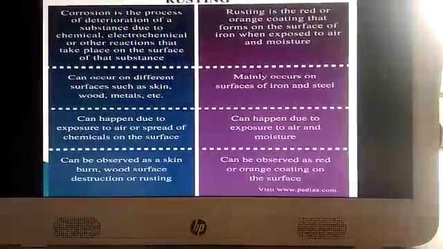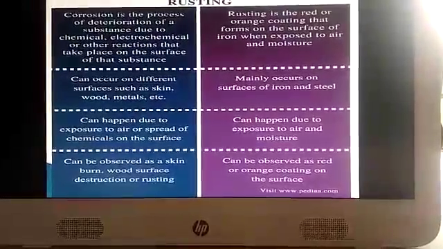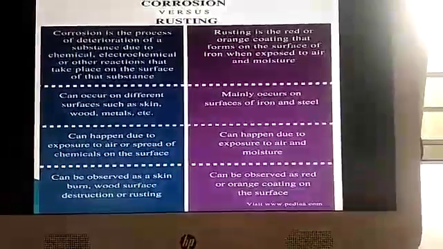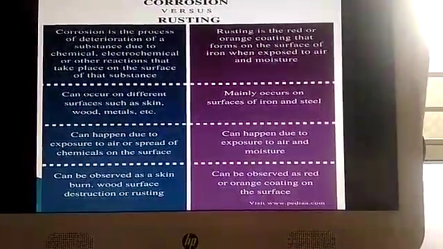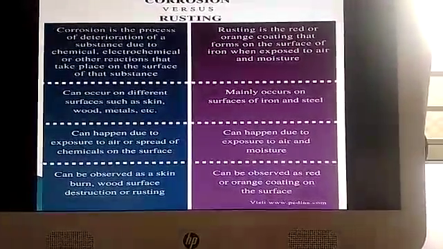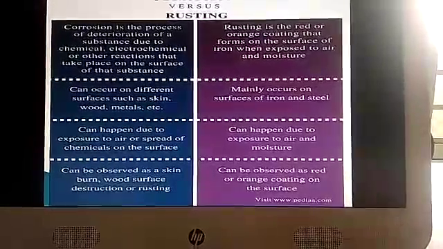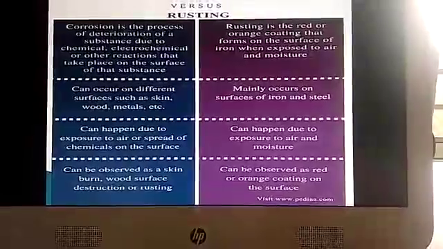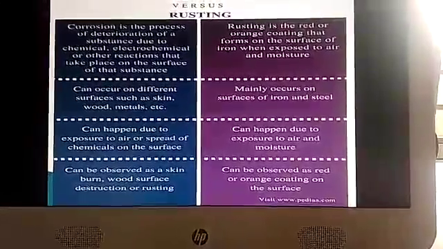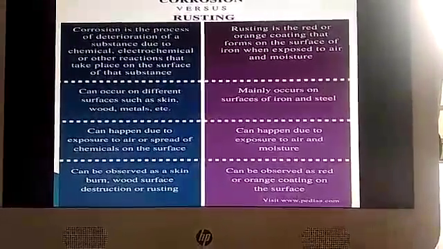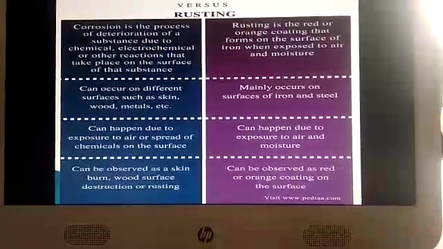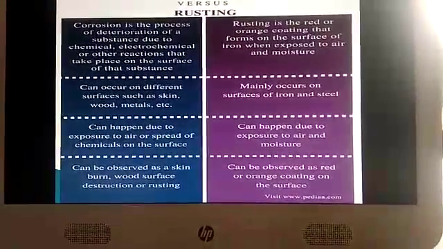It might be chemical or electrochemical, burning of a metal. At construction places, they burn the metal to give it a shape; that is corrosion, a deterioration of a substance.